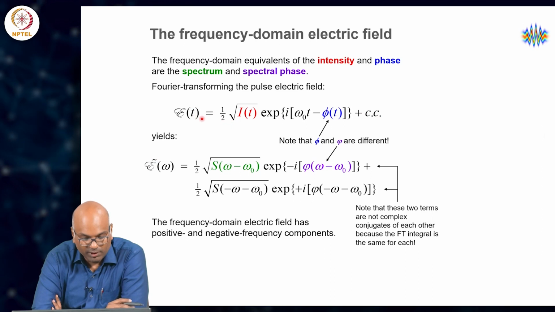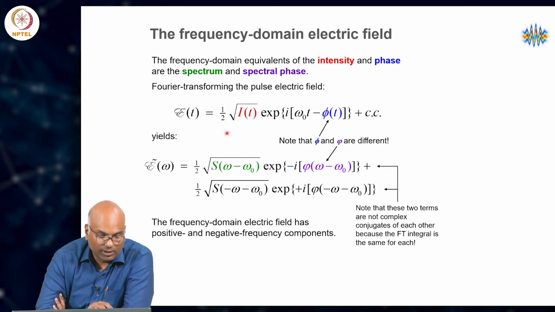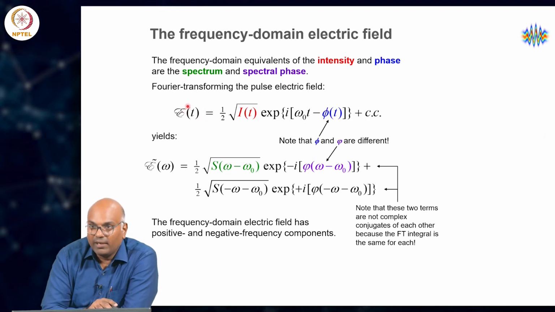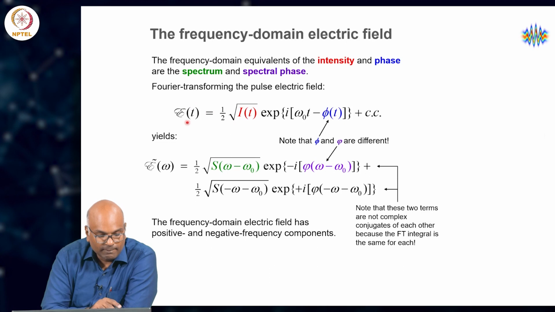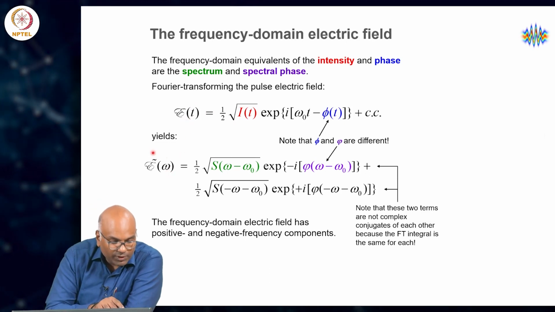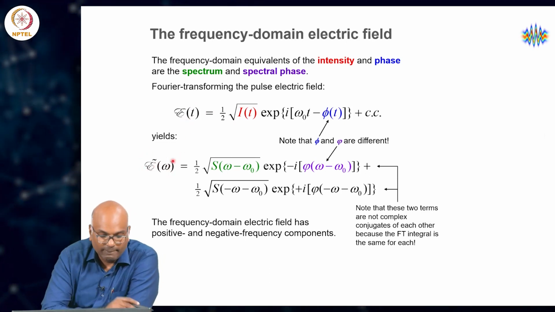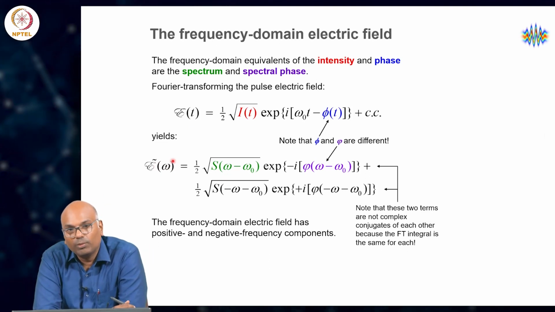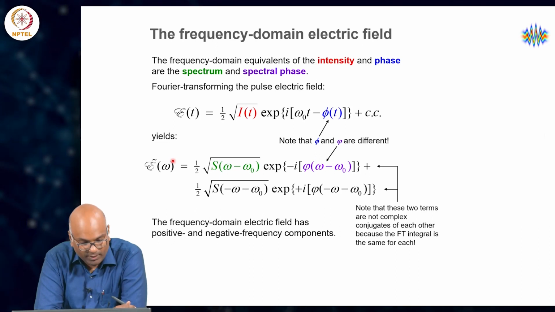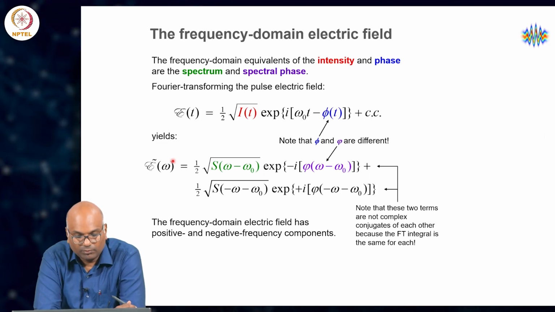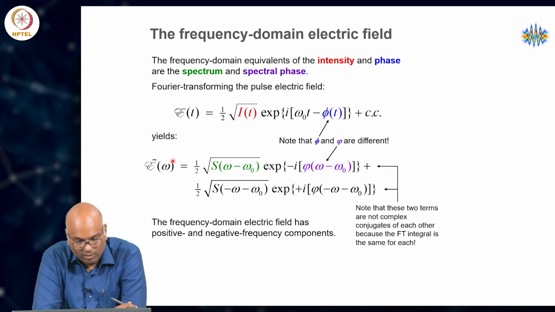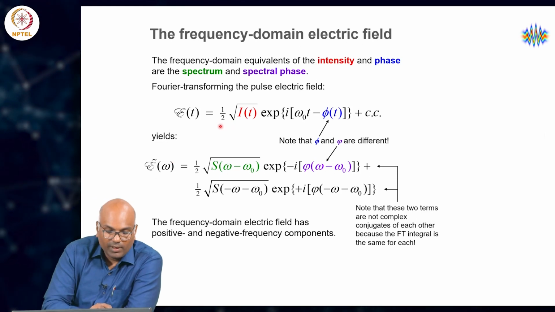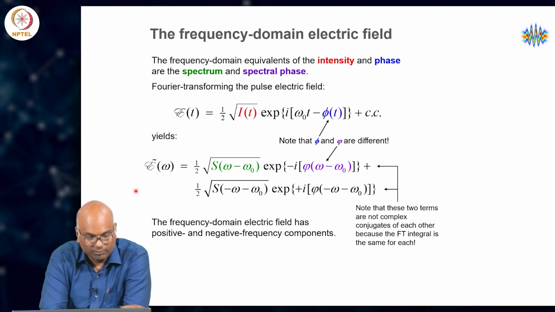Now Fourier transform this quantity. E of t is complete, its amplitude and phase, the complete information is over here. Fourier transform E of t to E tilde of omega, right? What do we know about E tilde of omega? What we know is the fact that this is also a complex function.